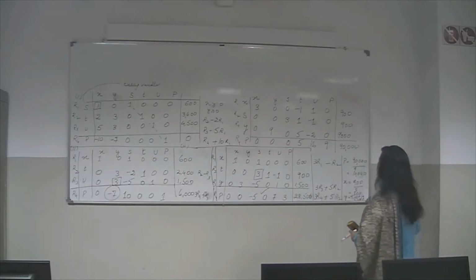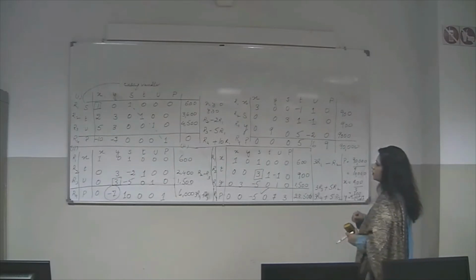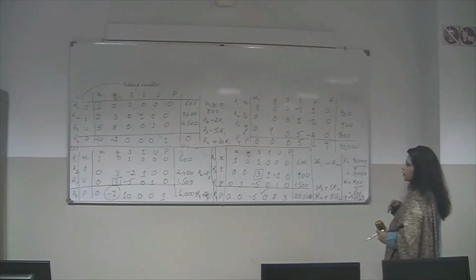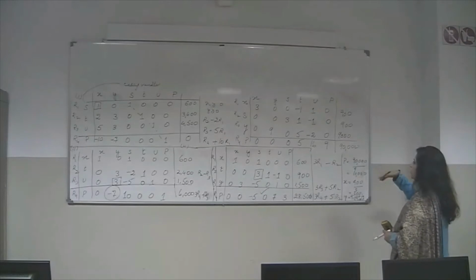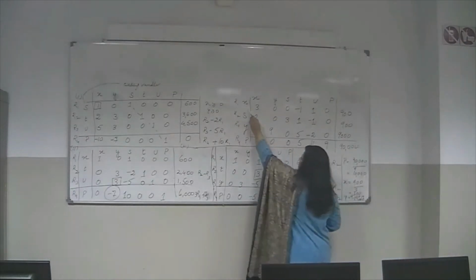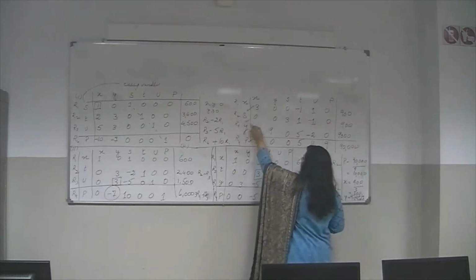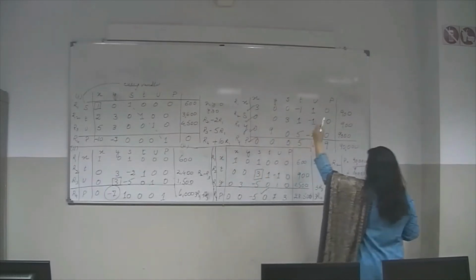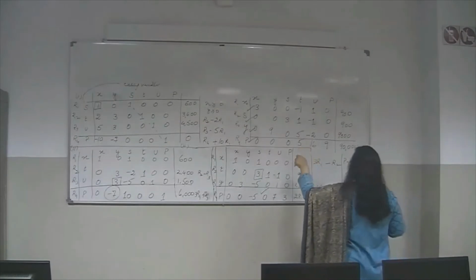So we also need to find out the value of S, because in the initial constraint, as you can remember, we had to give some value to S. Since we have this and this, we need to find out the value of S as well, which is lying on the other side, the descriptive side of the column.